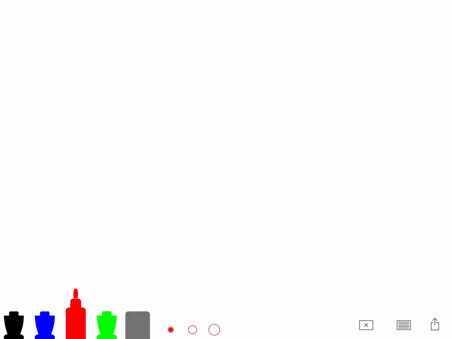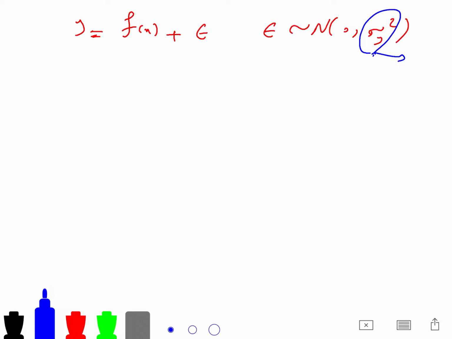And so prediction using noisy observations is just: you use f of x as before, but now you add epsilon. Your noise has mean 0 and variance sigma y squared. And by this, you have added one more hyperparameter.